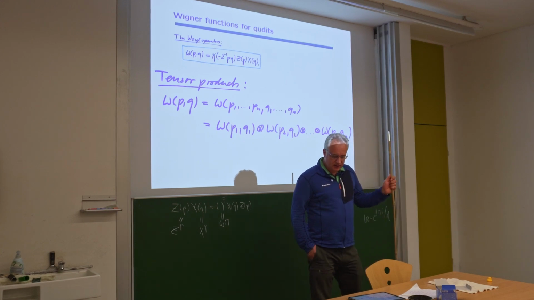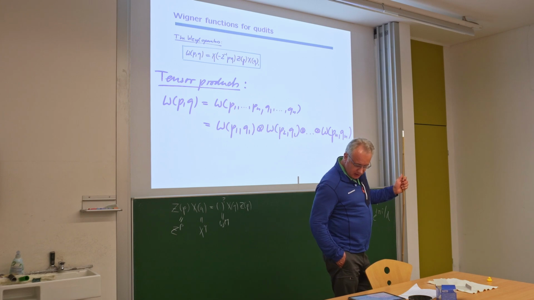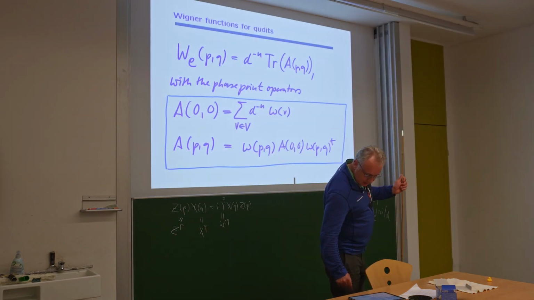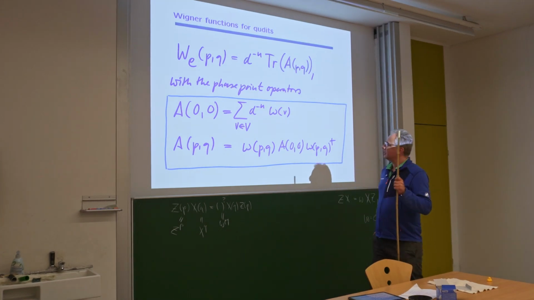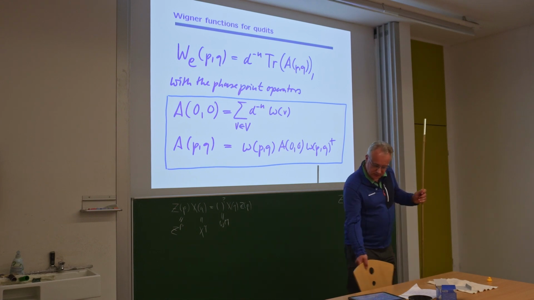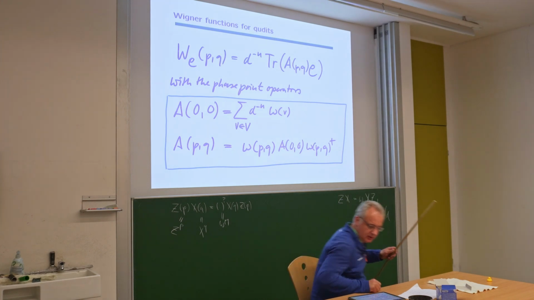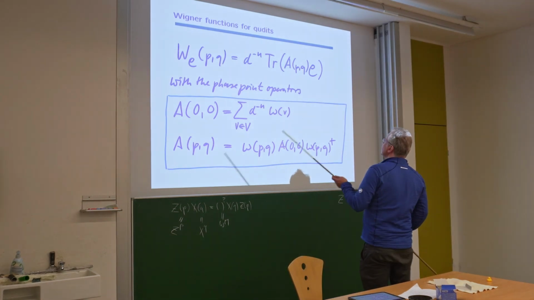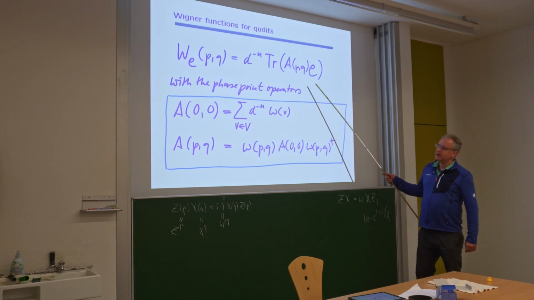So this is how we construct Weyl operators for multiple systems. Fairly analogous to the qubit case, except that it works out more nicely with the phases now. Good, and now we come to the main thing. So this form of the Wigner function we are inheriting from the infinite dimensional case.